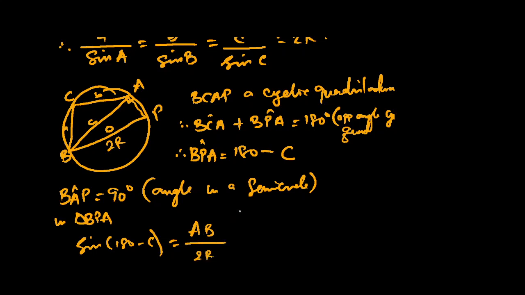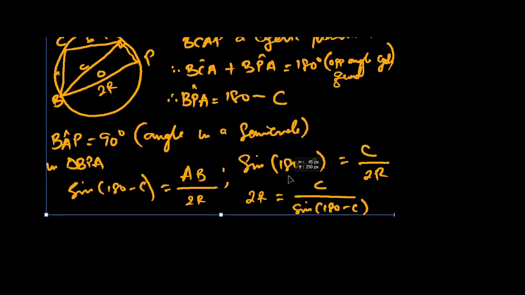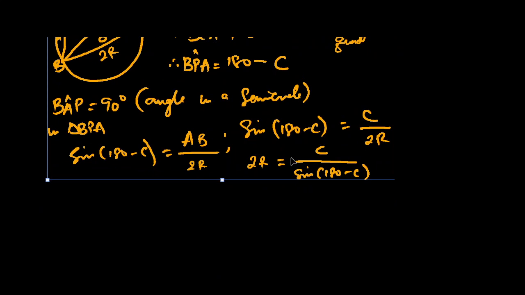So if this is what we have, then sine of 180 minus C is equal to c all over 2r. When you cross multiply, we have 2r equal to c, this is small c, not capital C, divided by sine of 180 minus C. You are going to agree with me that 180 minus c is in the second quadrant, and sine is positive in the second quadrant.